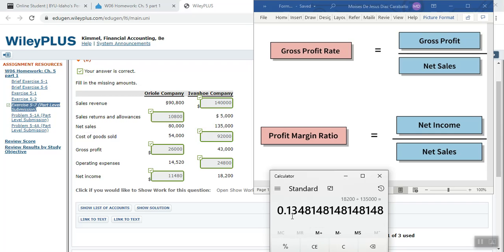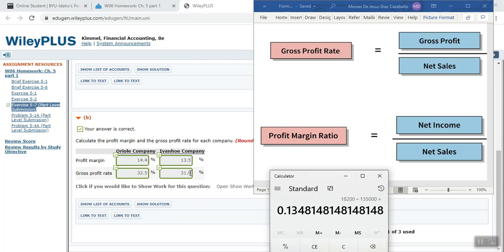That'll equal 13.5. We're just going to round it because the 8 right here rounds this number up to 5. So 13.5 is the right answer for that one.